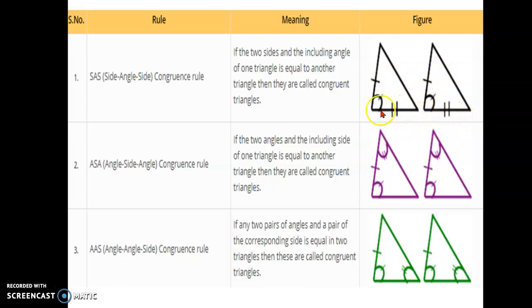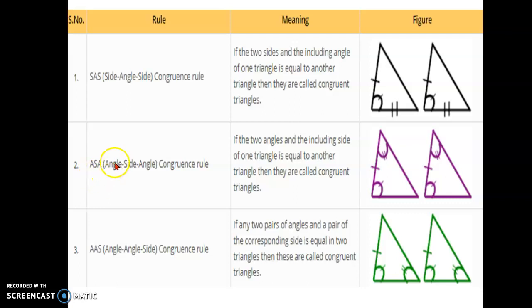The angle between these two sides, side number 1 and side number 2, is equal to the corresponding angle in the other triangle. So side angle side, that's why it is the SAS congruence rule. If these three are equal, then the two triangles are congruent. This is one of the criteria.